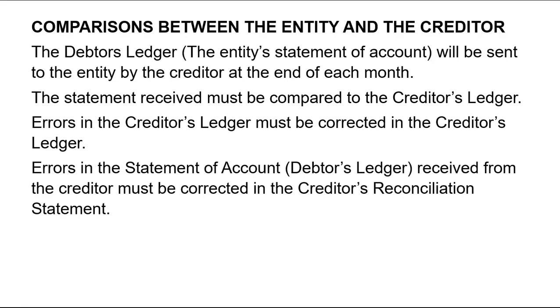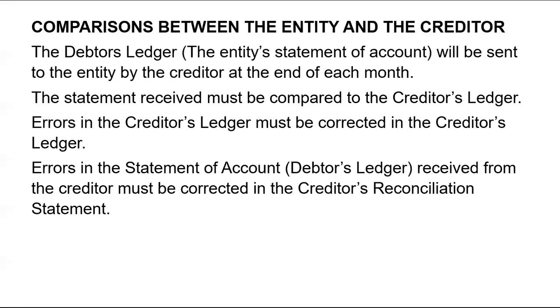So remember, when we prepare the creditor's reconciliation statement, we're preparing it as though we are the creditor. So in their books, how will they treat us? Basically in their books, if we owe them more, they debit our account.